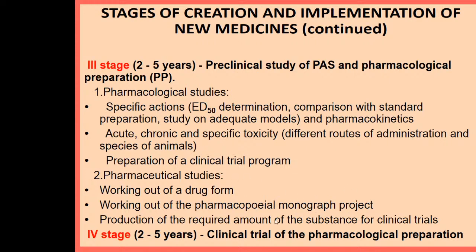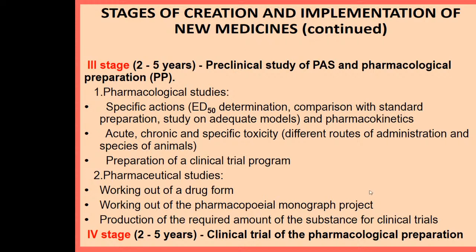But before pharmaceutical studies, pharmacological study includes study of specific actions. For example, one chemical substance causes hypotensive activity, so we study exactly hypotensive activity. Another, for example, bronchodilating, so we should study this activity.